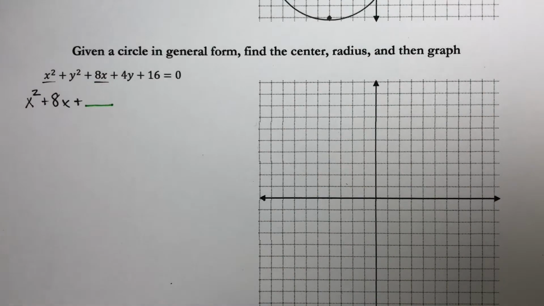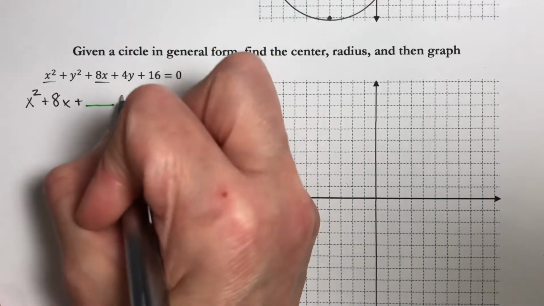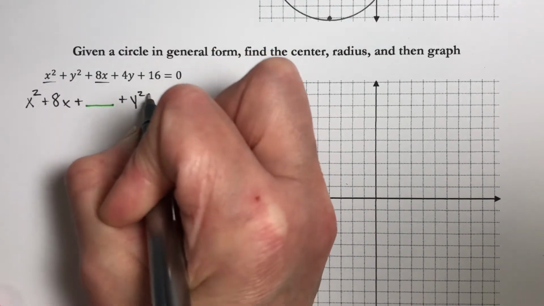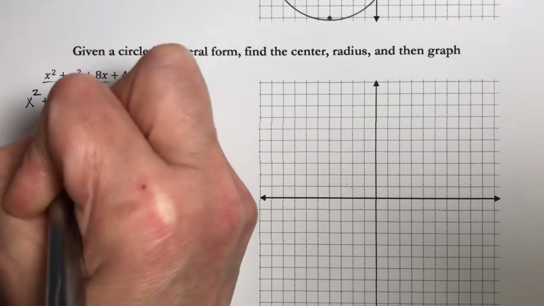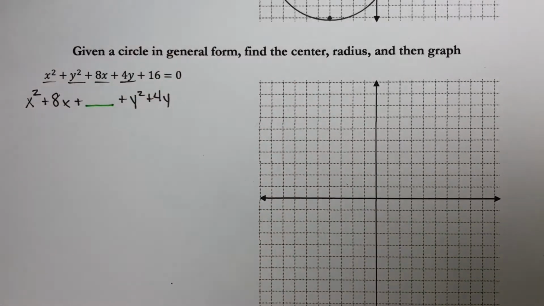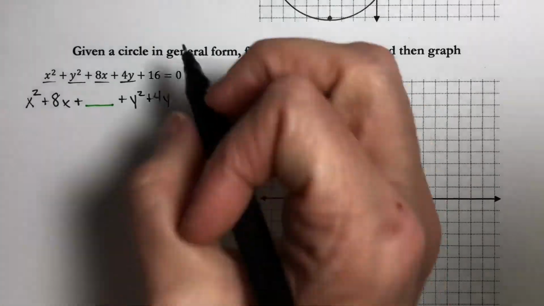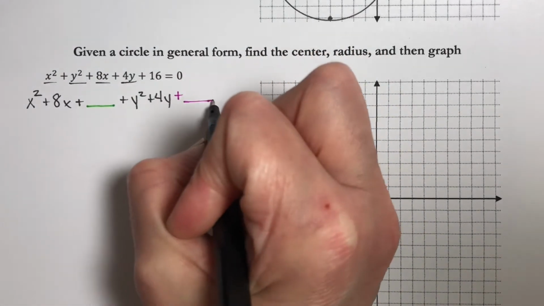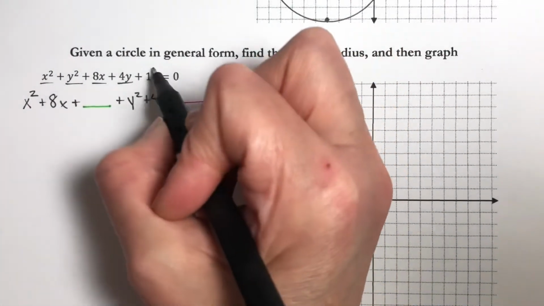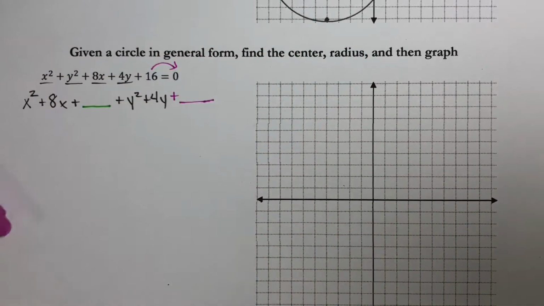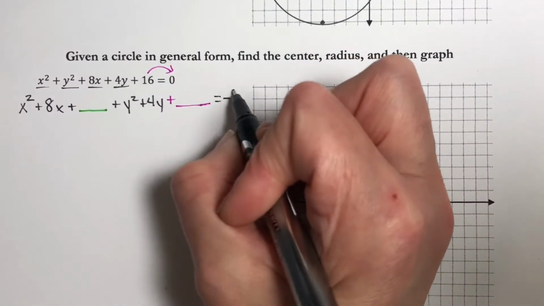Now I'm going to write down my y terms, plus y squared plus 4y, and again, I'm going to leave myself a blank. And then I'm going to move this 16 over to the right, so this equals negative 16.